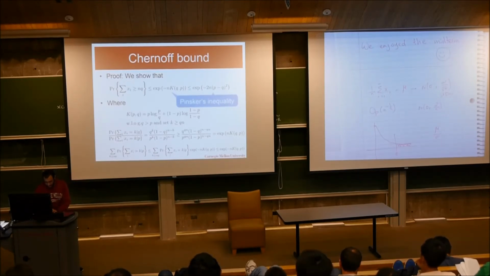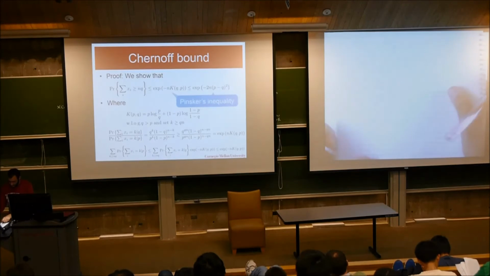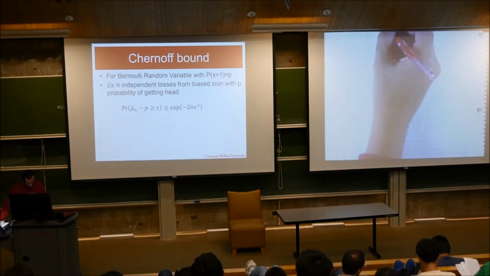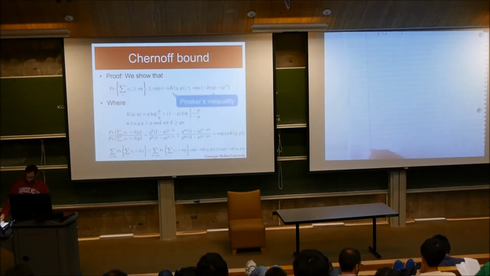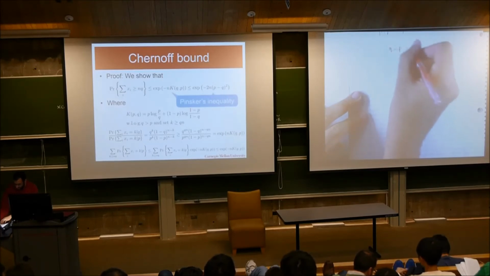So what are P and Q? Remember, our original statement was that mu n hat minus P is greater than or equal to epsilon, right? Assume that Q minus P is equal to epsilon.